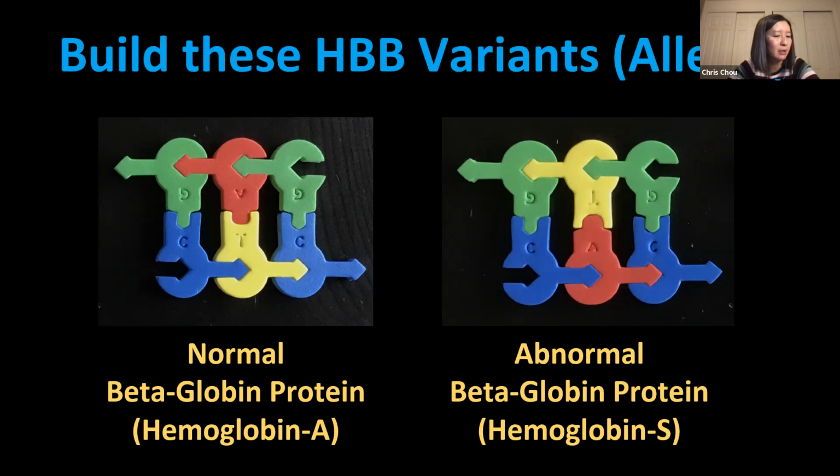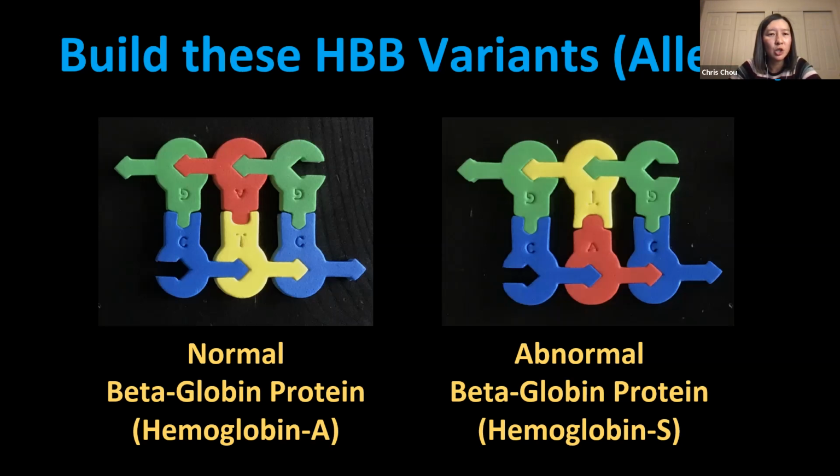these genes have a certain sequence, and people may inherit different versions of the sequence. These are all called alleles. If we zoom into one particular location, or locus, along this gene, we see that most folks have a version where their DNA sequence is on the left.